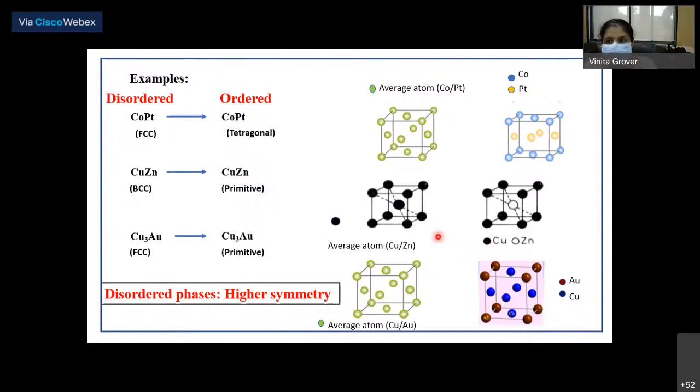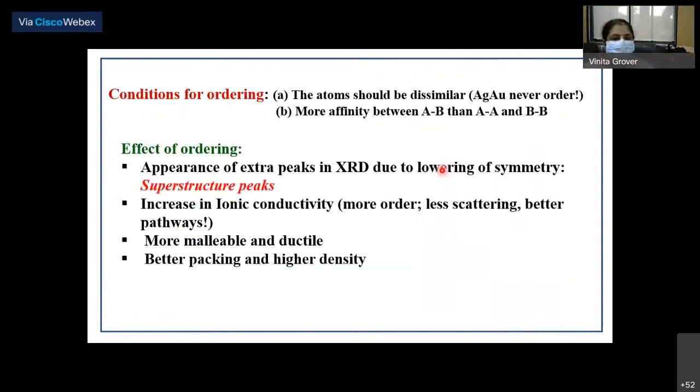All right. So now, conditions for ordering. I told you earlier that ordering doesn't happen in all materials. For that, atoms should be dissimilar. For example, you will never find a silver gold alloy that orders.